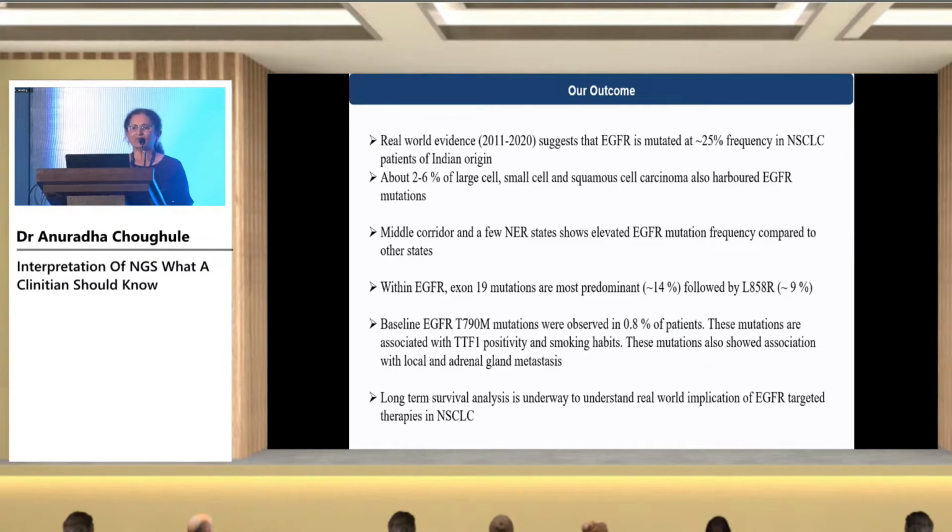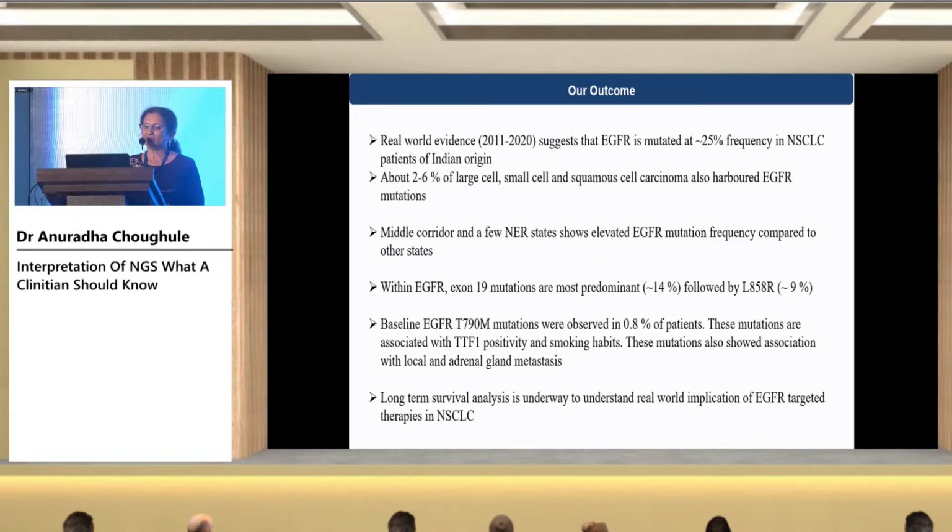Our outcome, the real-world evidence we have shown in our paper, which has already gone for publication, is that EGFR is mutated at around 25% frequency. 2 to 6% of large cell, small cell, and squamous cell carcinomas harbor EGFR mutations. In the middle corridor and a few northeast region states, there is elevated EGFR mutation frequency as compared to other states.